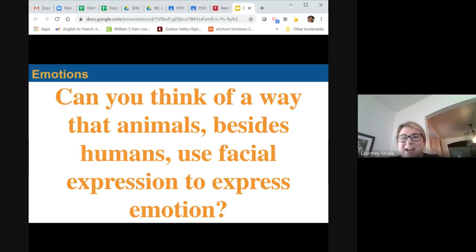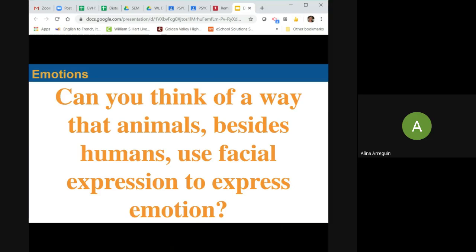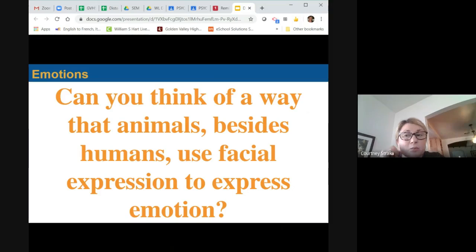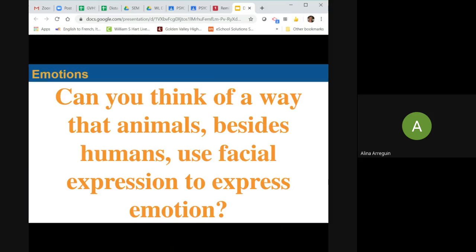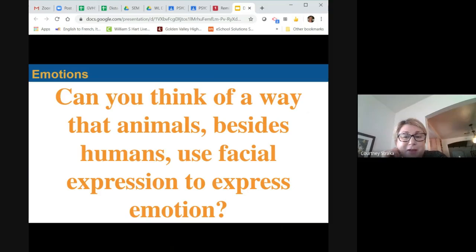Yes, anger. Now let's start thinking about whether there are other animals that will snarl or show their teeth as a way to show anger. Any animal in general? Yeah, a lot of mammals, right?